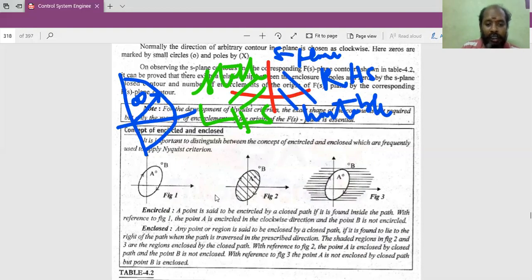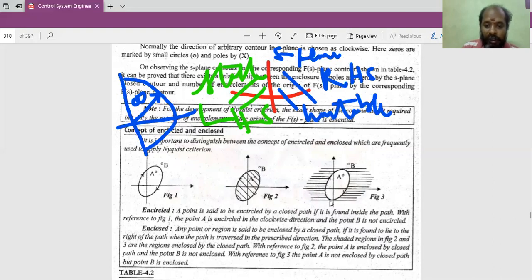So here you can see this A is encircled as well as enclosed.